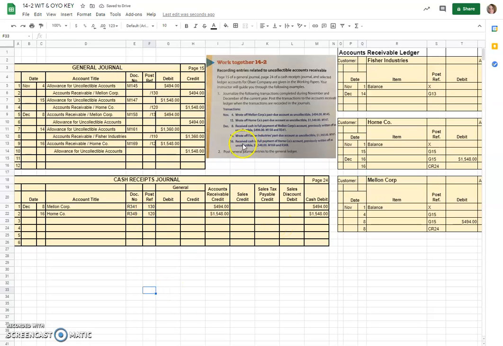And the last thing we need to do is just go ahead and post the general journal entries to the general ledger. So every one of these in the general journal has to be posted separately. So I'm going to go ahead and do that. Allowance for uncollectible accounts, $494 debit, November 4th.